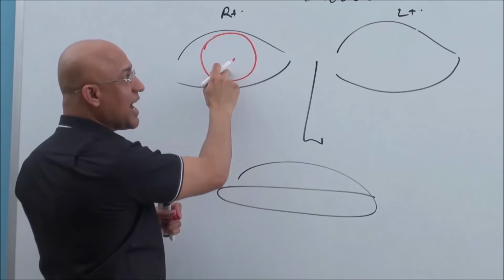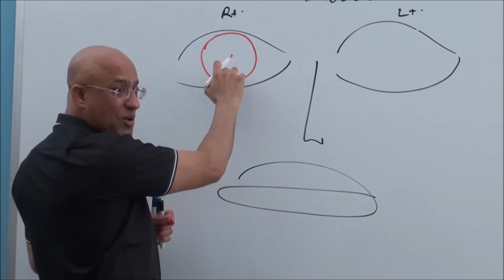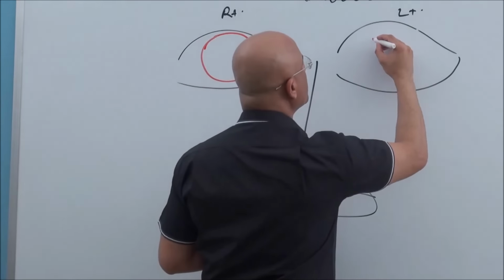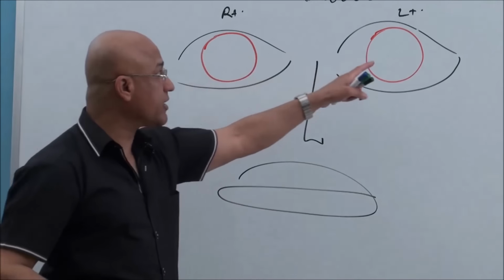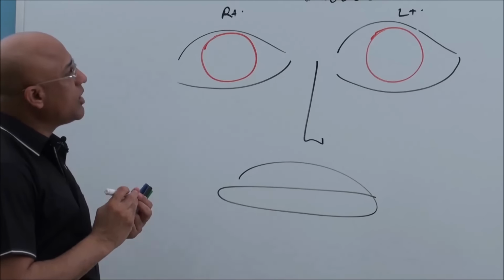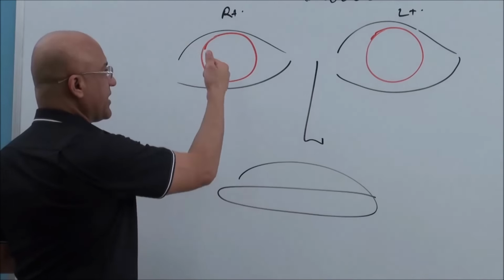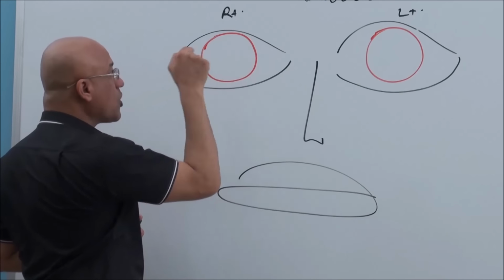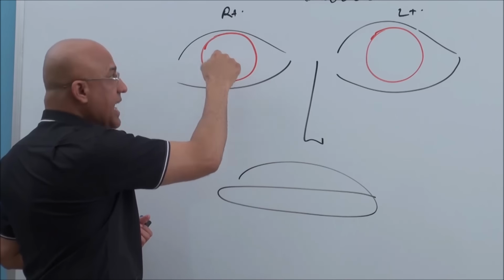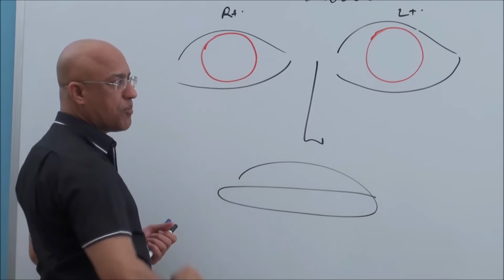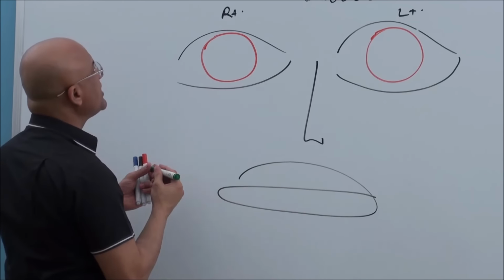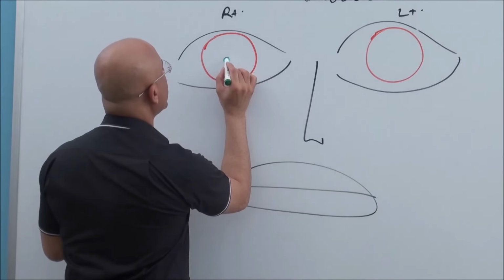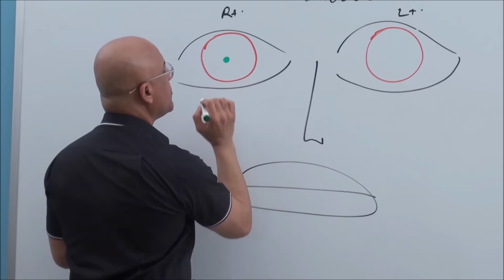Now, this is not the cornea, it is the fundus. And of course, there must be a fundus here. Is that right? Why am I trying to draw this? Because I want to tell you one thing, that when you look at the fundus, at the posterior pole of the eyeball, you find a slight yellowish area here, and you also find a slight yellowish area here.